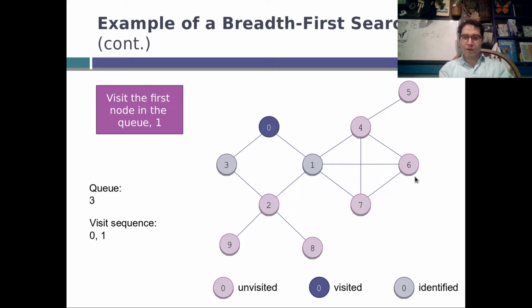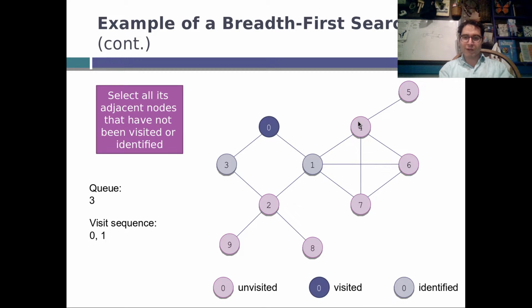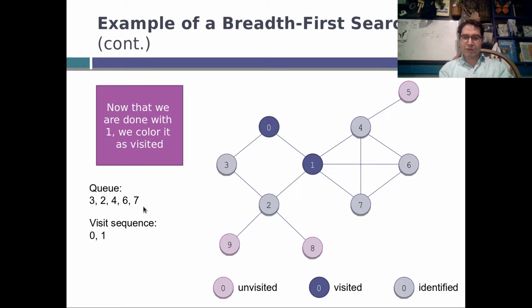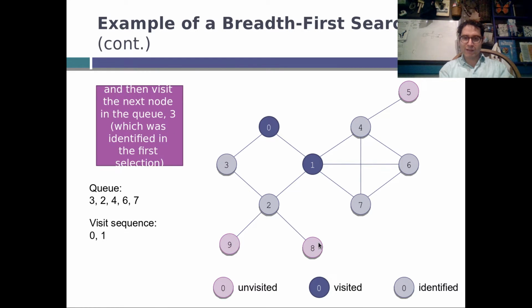Same with 4, 6, and 7. I'll mark them all as identified, and now they're added into the queue: 2, 4, 6, 7. I'm done visiting 1, so we move it to the visited set. And now we're going to go to the next node in the queue, which is 3.